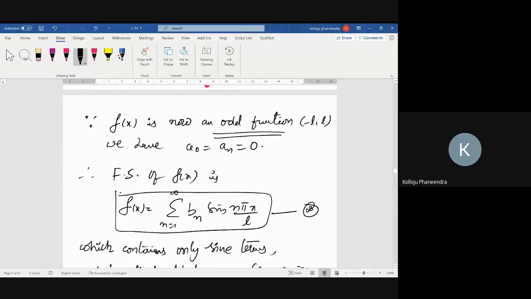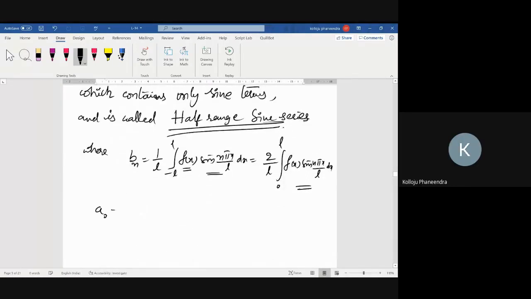Odd. What is the a0 formula? 1 over L, minus L to L, f of x. It is an odd function, no? What is the integration from minus L to L of an odd function? 0. That is why it is 0. Okay, sir. Thank you.